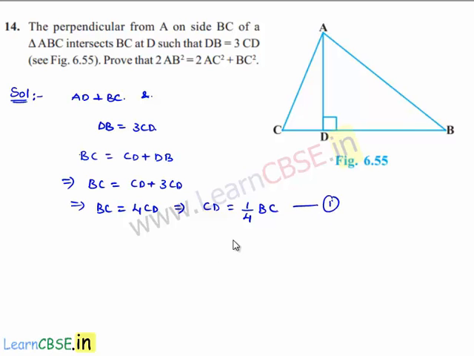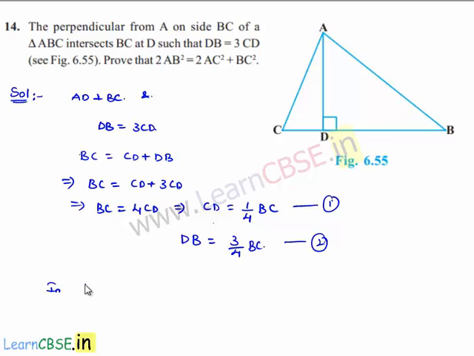Let it be as equation number 1, and as CD is equal to 1/4 times of BC, we get DB is equal to 3/4 times BC. Let it be as second equation.